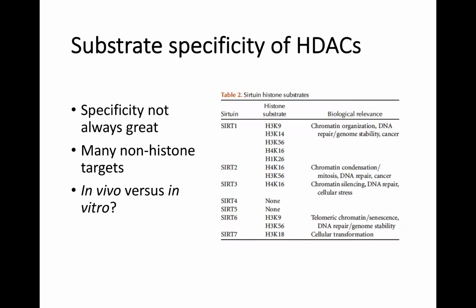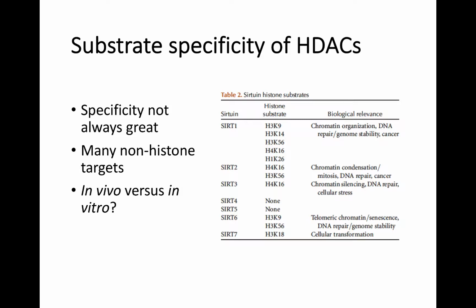Like the various histone acetyltransferases and the bromodomain reader proteins, the various HDACs differ in their specificity. Many HDACs are able to recognize and deacetylate more than one acetylation site. For example, SIRT1 deacetylates H3K9, H3K14, H3K56, and H4K16.